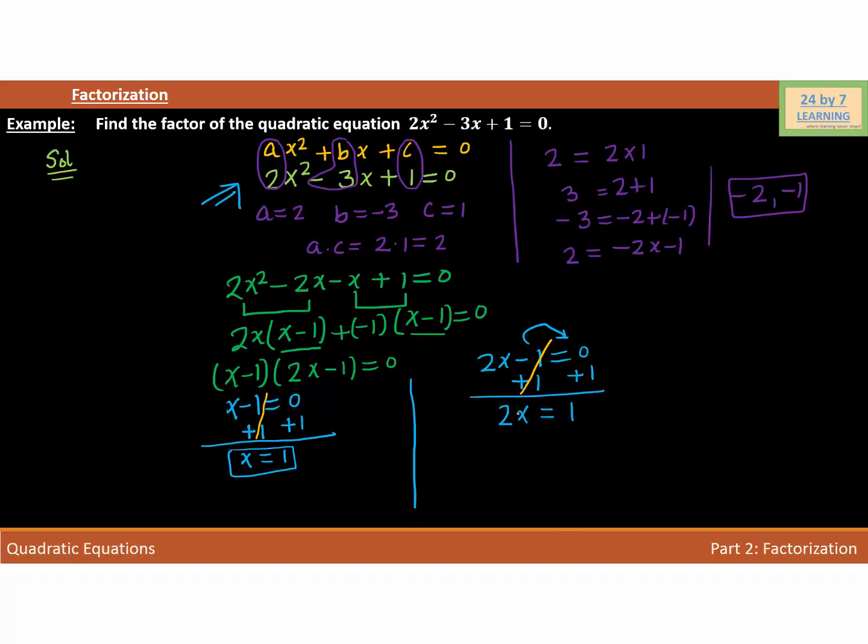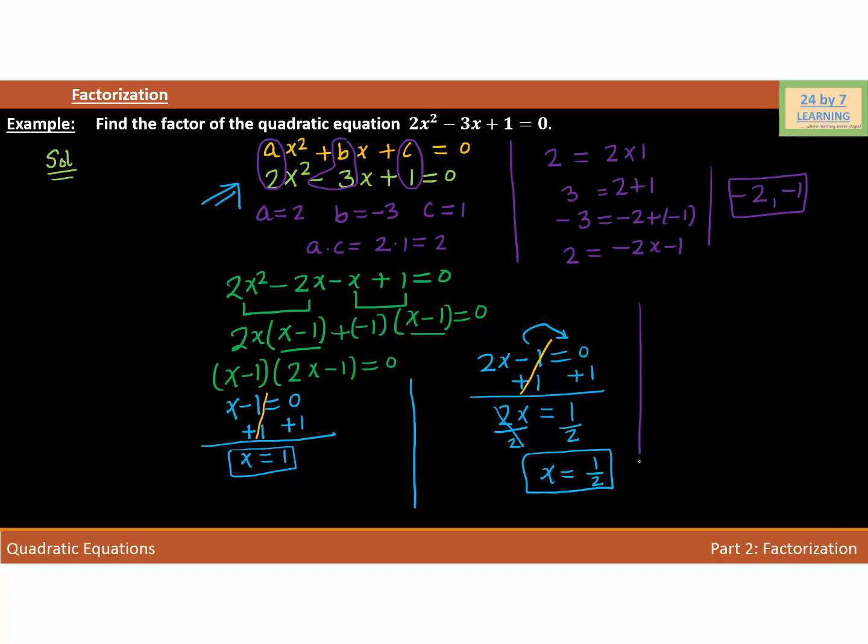I need to find the value of x, so I need to divide both sides by 2. So this 2 is cancelled out, and I have only x is equal to 1 over 2, and this is my second factor for this equation right here.